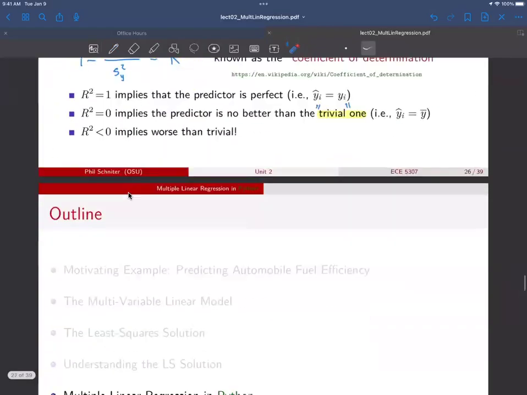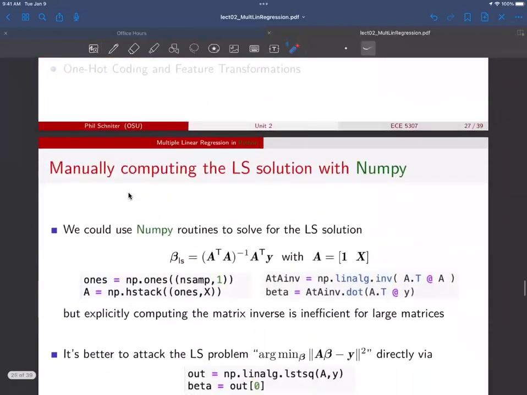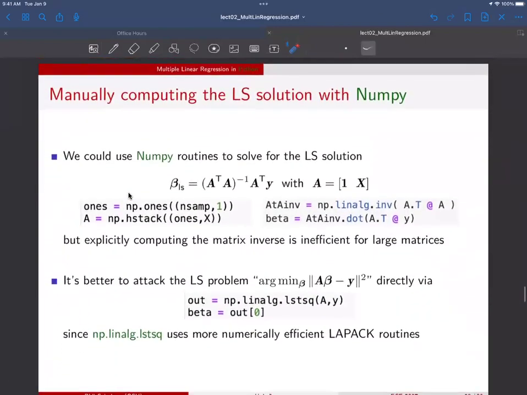Okay, so great. Let's talk briefly about how we implement this stuff in Python. There are several options here. The first option, which is not a recommended option, but it's possible, is to implement this expression that we derived first. In order to implement this, you would first need to construct your A matrix.